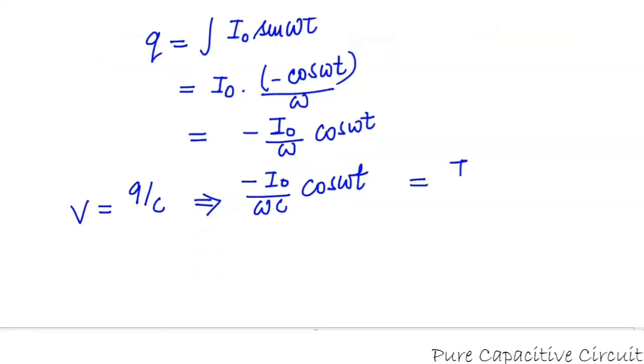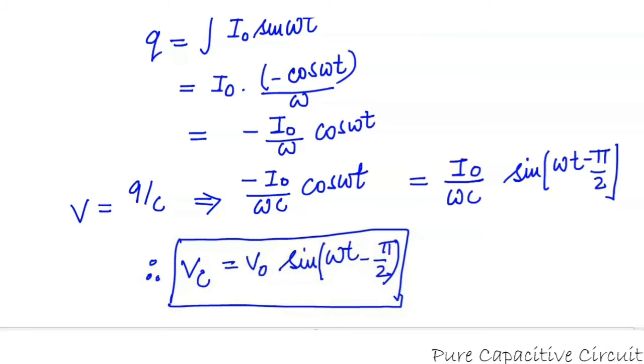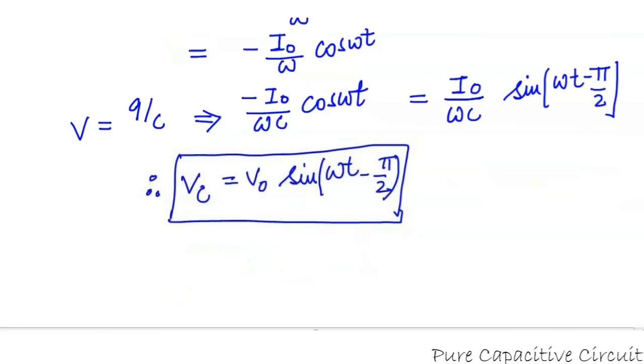This can be written as (I_0/ωC) sin(ωt − π/2). Therefore V_C = V_0 sin(ωt − π/2), where the value of V_0 is I_0 into 1/(ωC).